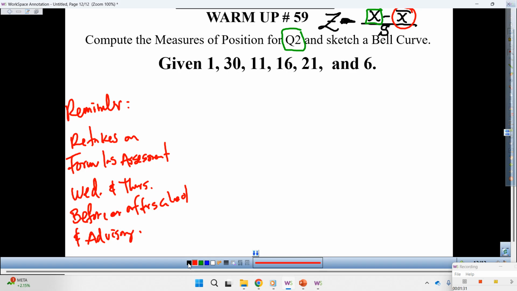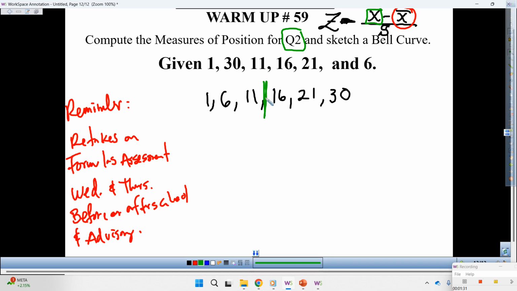So, being that I wasn't here yesterday, I guess I'm going to guide you through this one. 1, 6, 11, 16, 21, and 30. Now that we have them in ascending order, we need to find the median or Q2. So, what is the median?